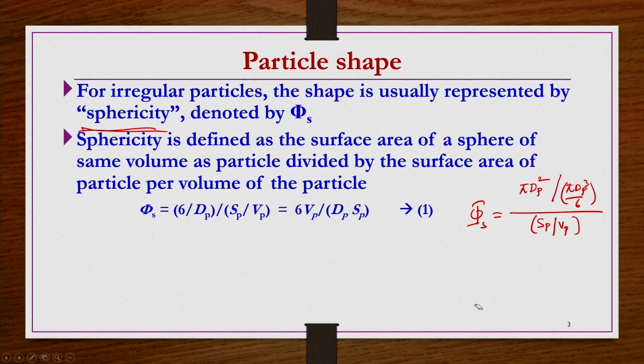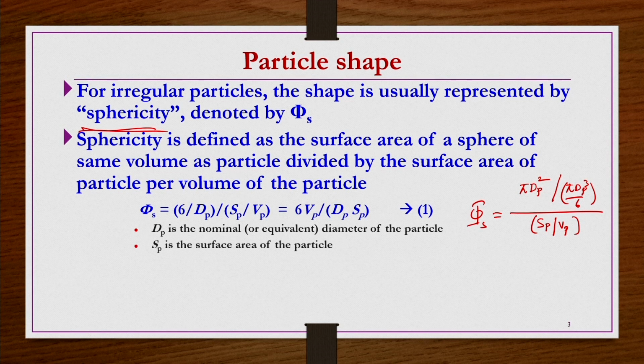So, here dp is the nominal or equivalent diameter of the particle, Sp is the surface area of the particle, and Vp is the volume of the particle.